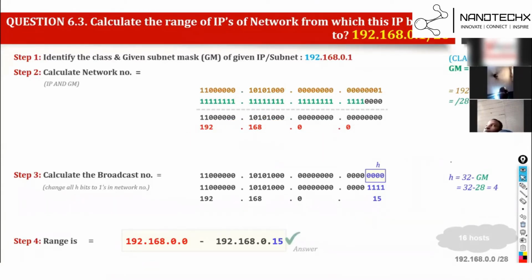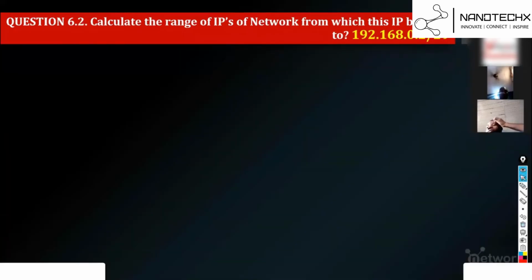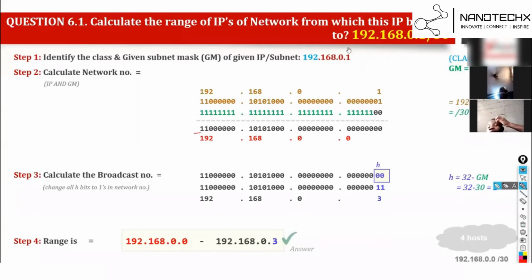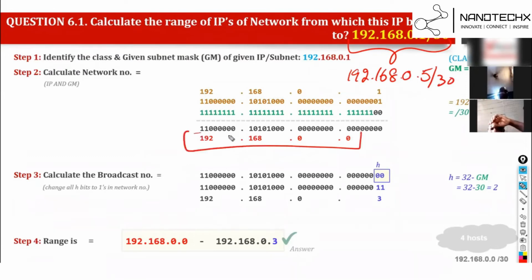So Conrad, I think I have made another example for you. This one. So if this IP address is not 0.1, let me go back with you. This one. So Conrad, please follow. So if this IP address in the question is 192.168.0.5/30, then this is not going to come this one.